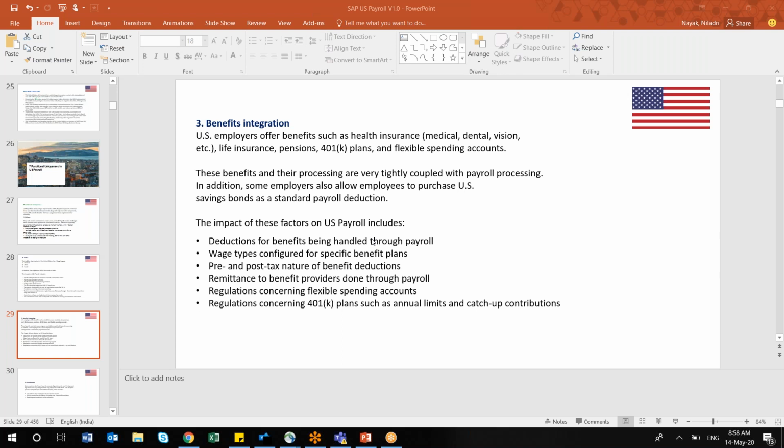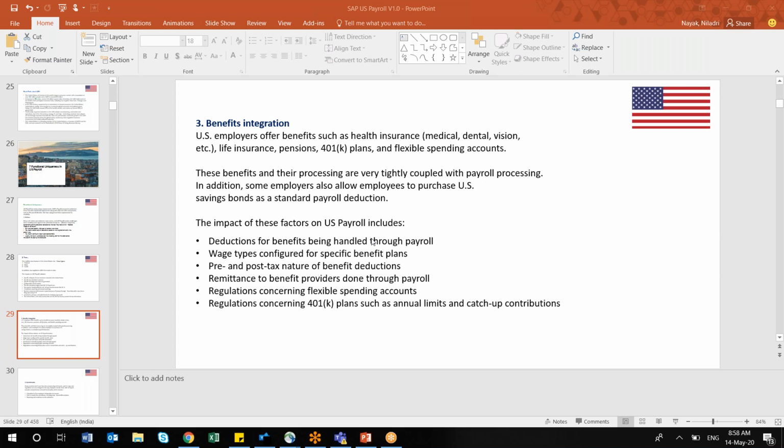But in the US, most of the clients ask whether you know how to integrate benefits, how to integrate with Aon Hewitt, and there are some other vendors you must be knowing. So the third-party integration will come into the picture, and how to do pre-tax and post-tax, how to understand the nature of a benefit deduction. What are the different wage types?